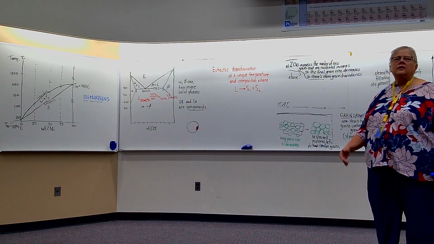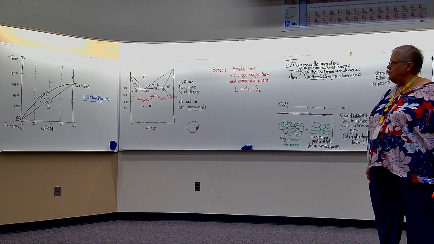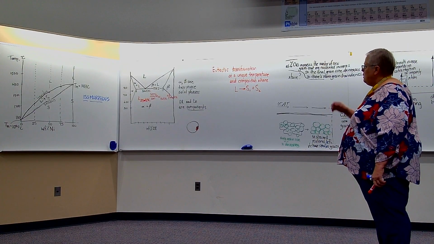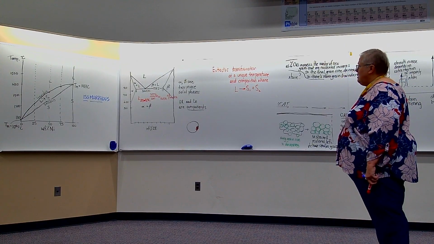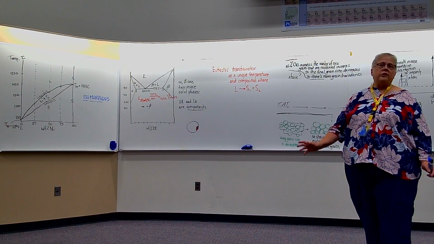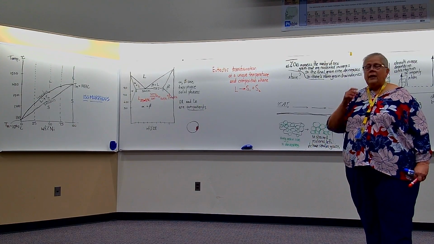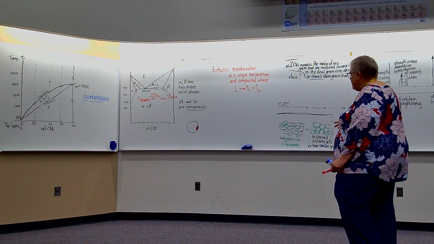Layers of black, layers of olivinium and lexium. That's this kind of phase diagram. It has a eutectic. There are phase diagrams that have multiple eutectics and other transformations, but we're not going to get into those right now.